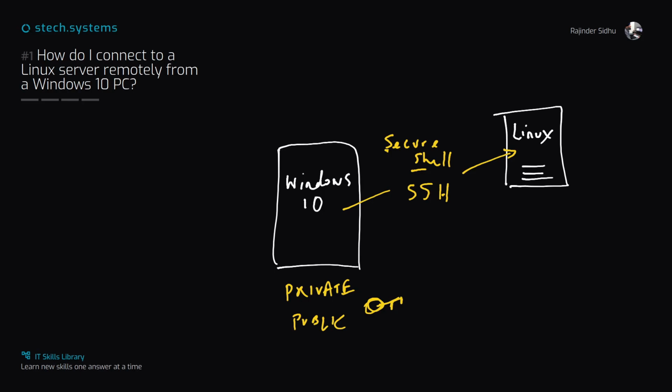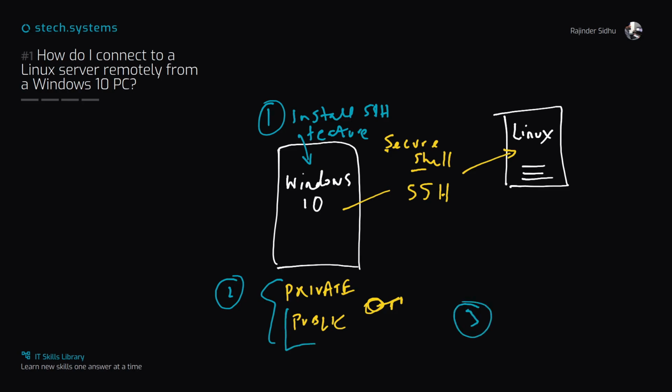The steps to do this are: first of all, install the SSH feature on Windows 10. Secondly, we need to generate these keys. And thirdly, we need to copy the public key to the remote Linux system.